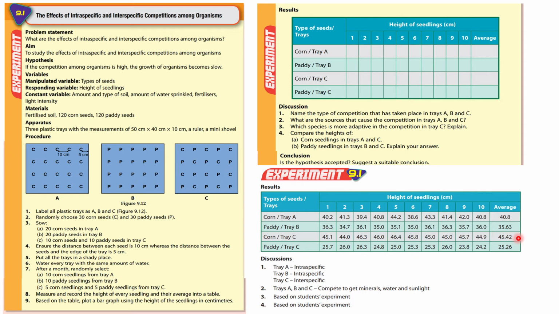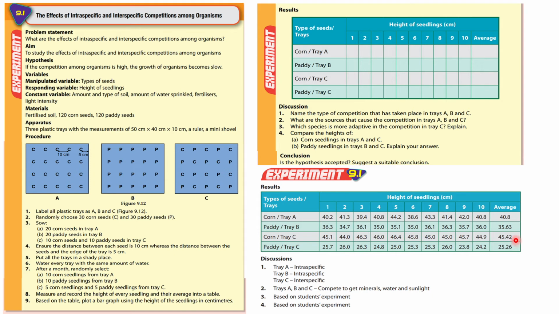So that means for tray C, since they are competing among different species, the intensity of the competition for the basic needs is much lesser as compared to the intraspecific type of competition which happens in tray A. Okay, we are referring to the corn.